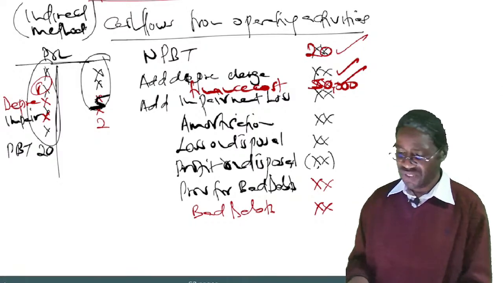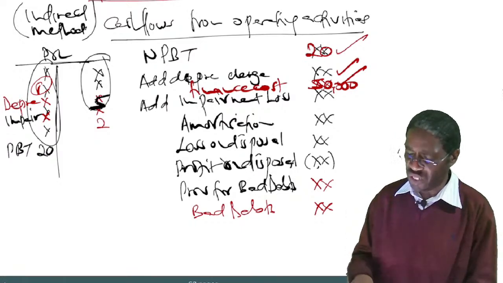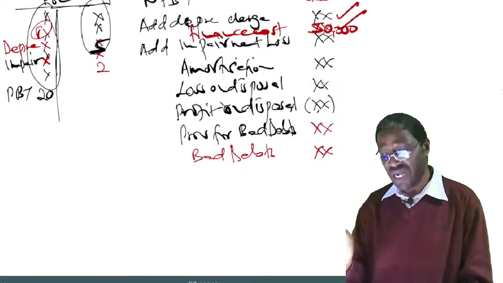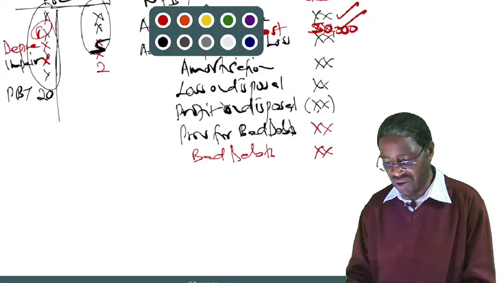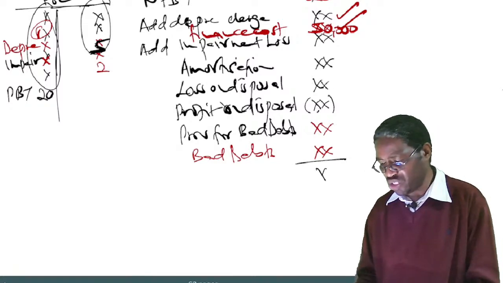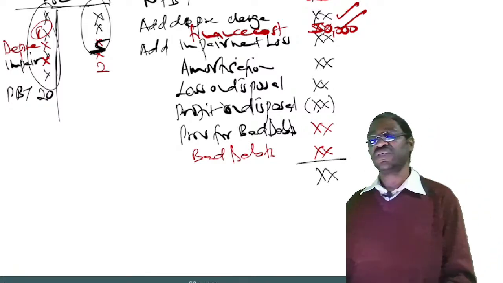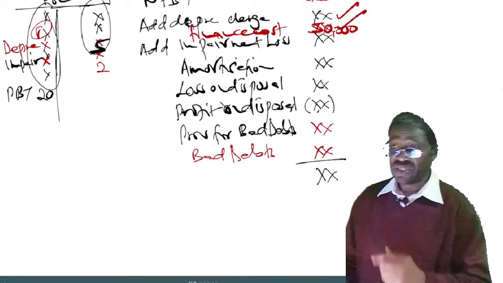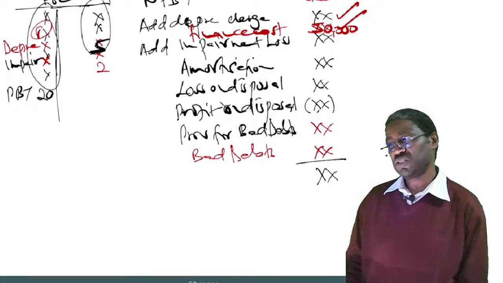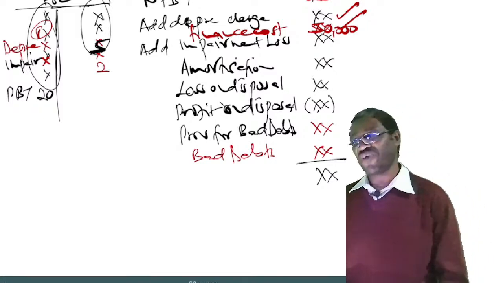Good. So let me assume for now that we have identified all the non-cash items. In fact, we have mentioned the majority, and I have emphasized that the two most common ones you will never miss are depreciation and finance cost.